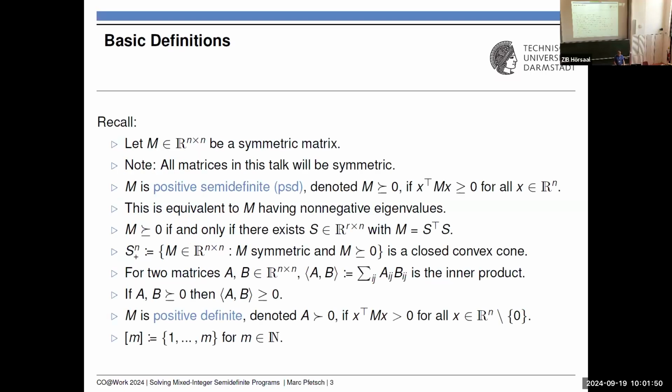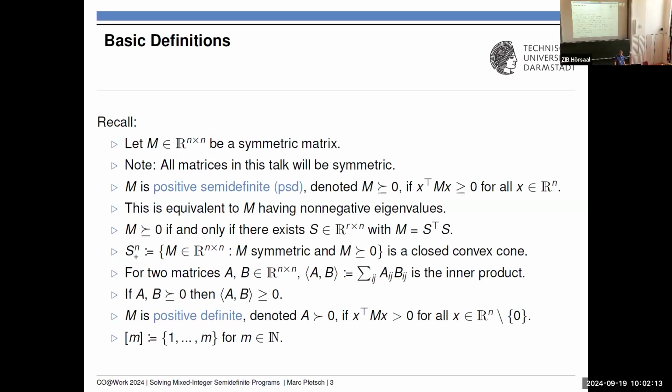Okay, so as a warm-up, I've collected some facts from linear algebra. Maybe you remember, maybe not. We start with a symmetric matrix M, n by n, and actually all matrices in this talk will be symmetric. Maybe I forget to say this, but they will all be symmetric.